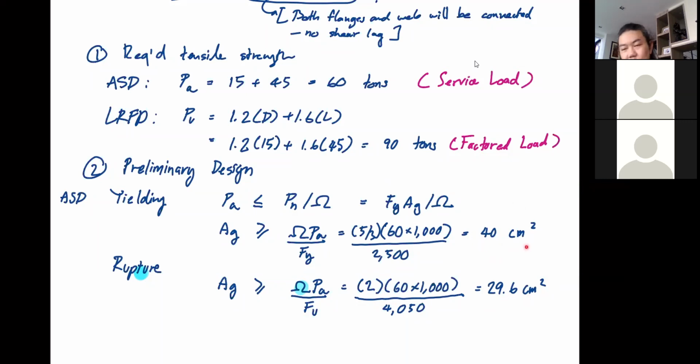It has to be greater than 40. If you select something greater than 29.6 but not greater than 40, your section will not pass the yielding criteria. It has to pass both, so it has to pass the greater number.